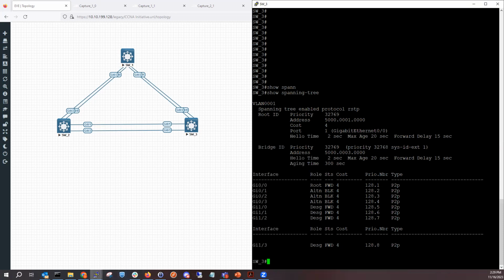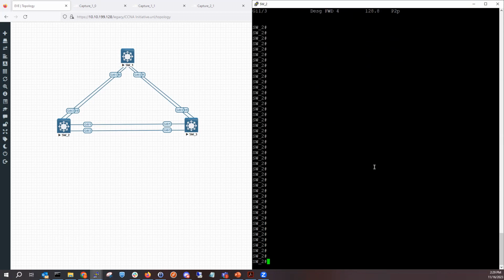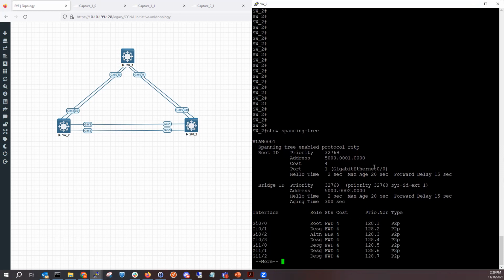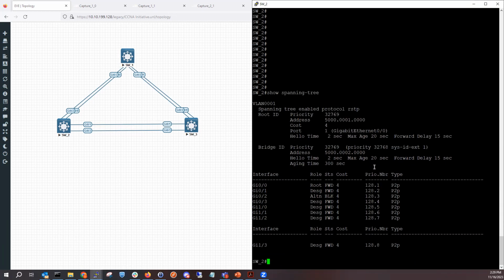Let's take a look at the designated switch of our topology, which is switch two. And let's run another show spanning tree so it's fresh. So we have a few ports that are connected: gigabit 0/0, gigabit 0/1, gigabit 0/2, and gigabit 0/3.